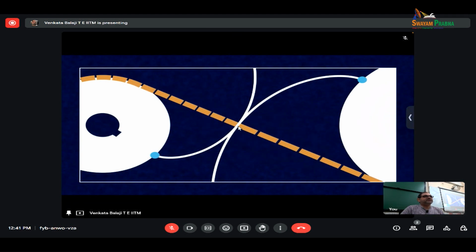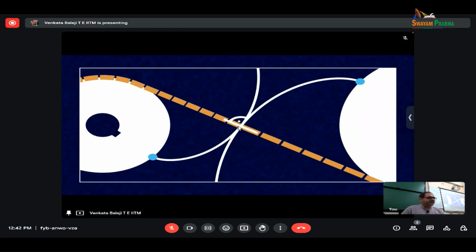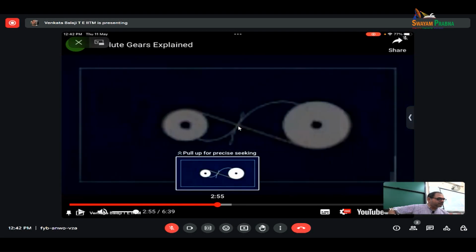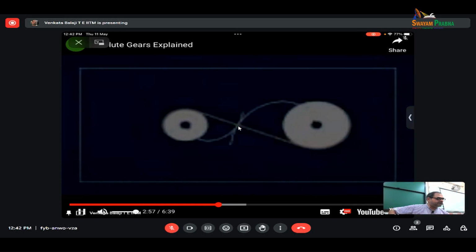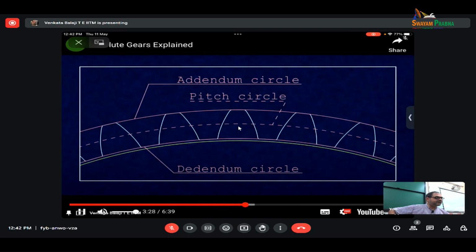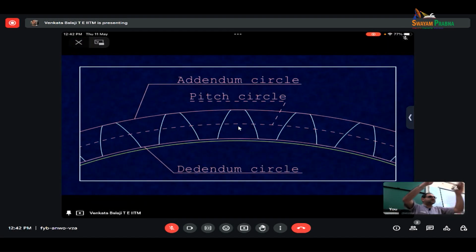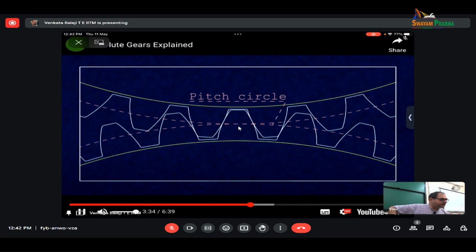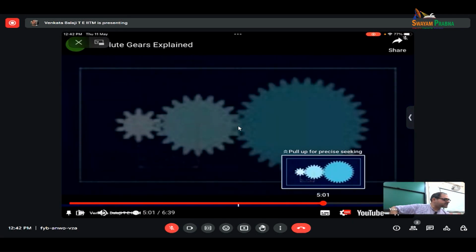That's why you don't have any friction, and this is maintained. Then you cut the gear, so these portions of the gear are actually involutes in two directions. You cut it out, and then I think there must be some animation somewhere.